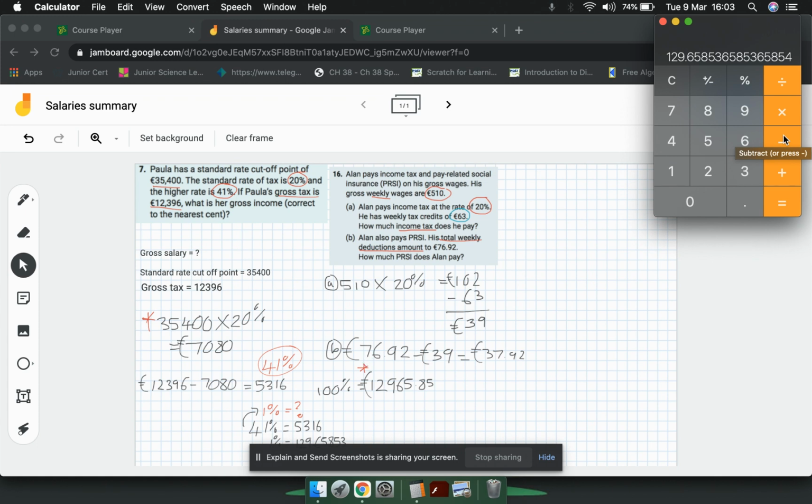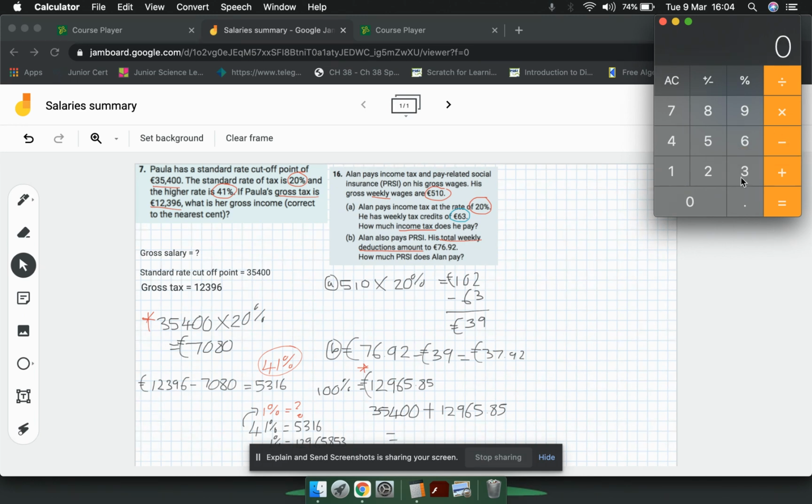So what we do, we add the two together. So that's 35,400 plus 12,965.85. And when you add that, you should get the correct answer for this one.